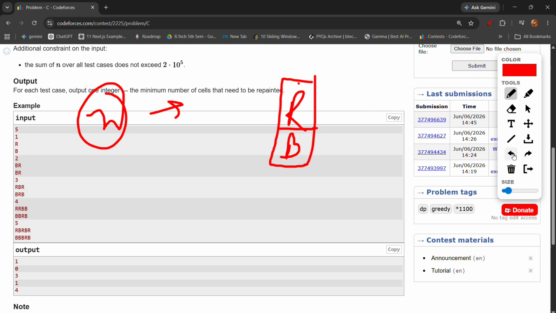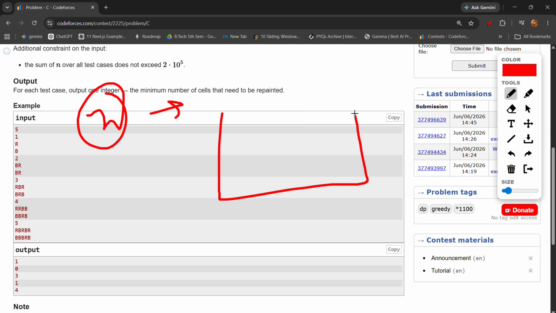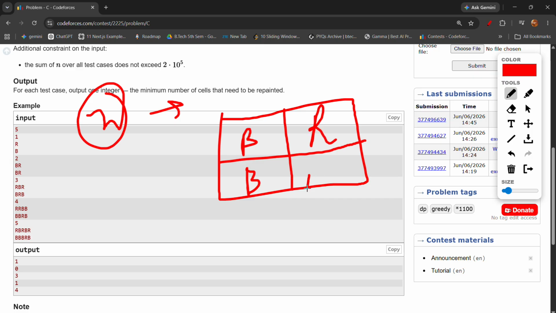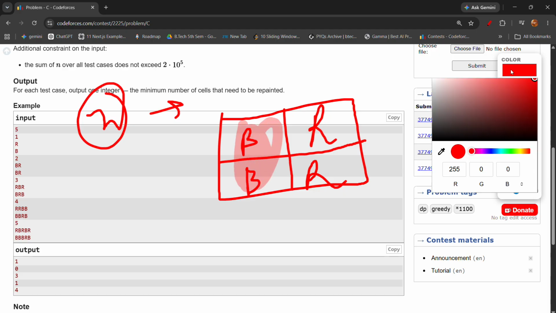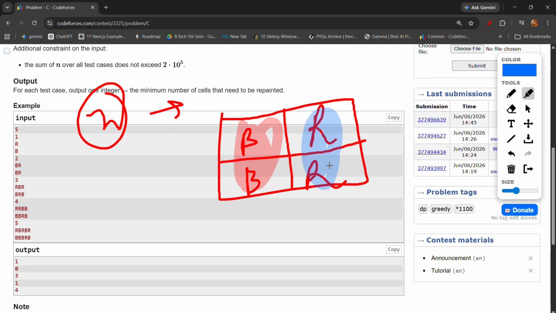Now let's look toward the second example. This is B, B, R, R, B, R, R. So one possibility is this: if I take this and then I make them like this.